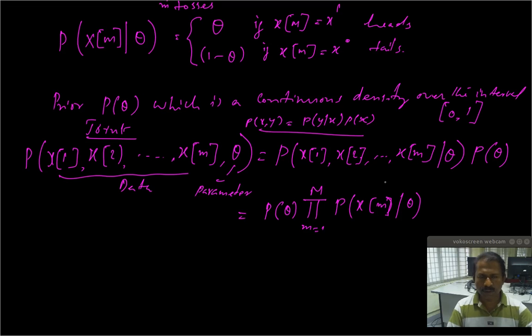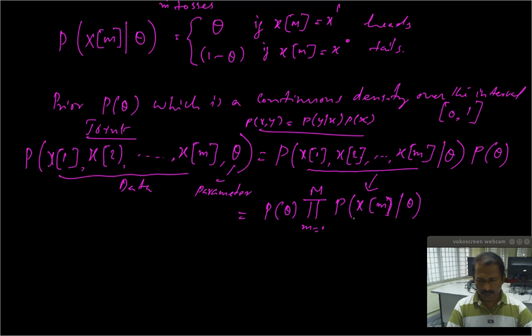This part is basically the tosses are conditionally independent given theta, right? So we have used that information here. That's why we write this as a product form, right? So all these coin tosses are independent given theta. That information we are encoding here, so that we write it as a product form, right?